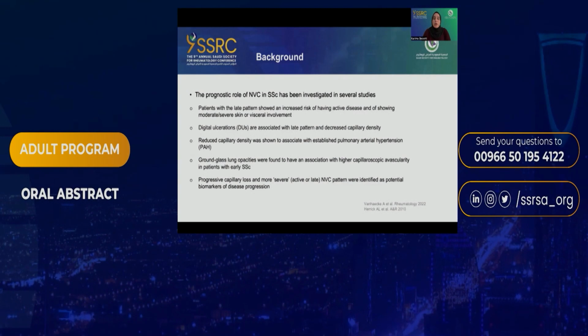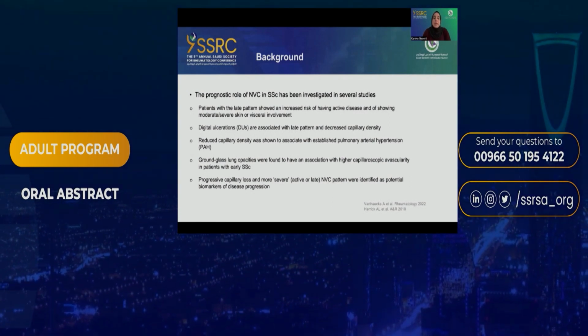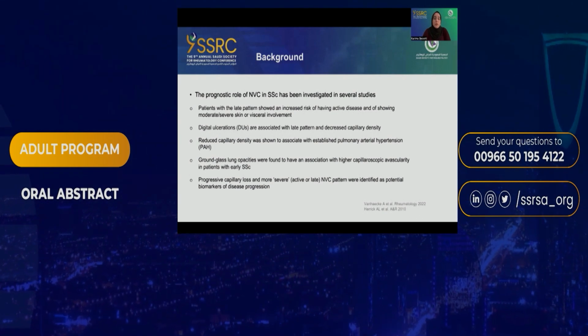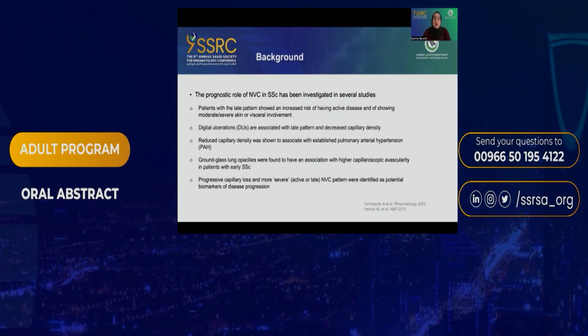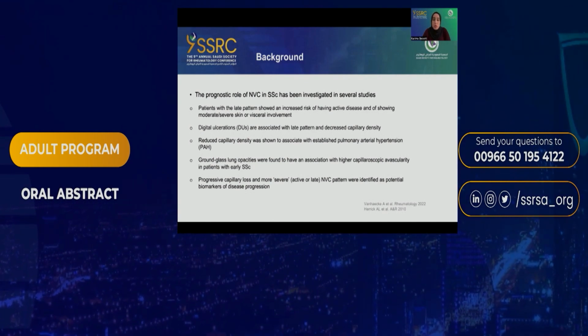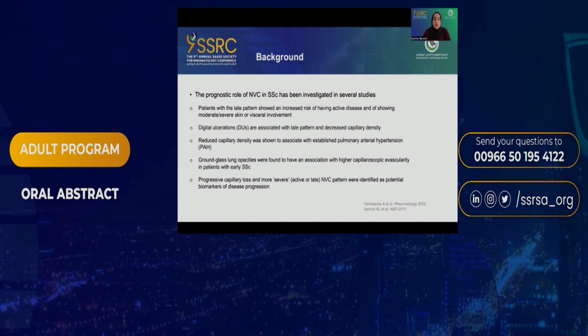Now, in addition to its diagnostic role, many studies have looked into the prognostic role of nail fold video capillaroscopy in scleroderma. They showed that patients with late pattern had an increased risk for having active disease and showing moderate to severe skin or visceral involvement.